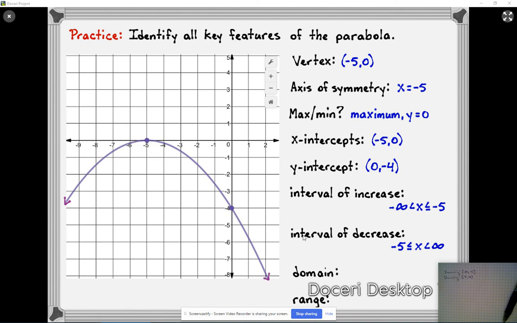So what is the domain in this case? Where does it start? It starts way back at -infinity. And where does it end in the x direction? It ends way out in infinity. So we'd say that domain is from -infinity to infinity, or -infinity less than x less than infinity.